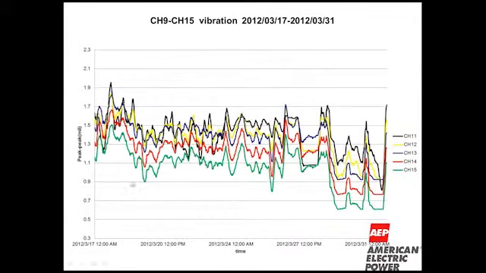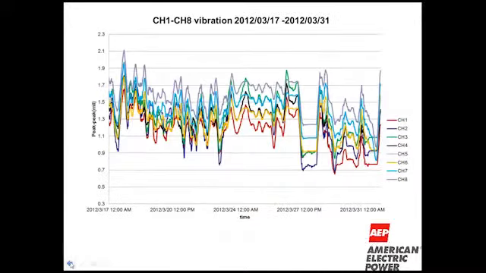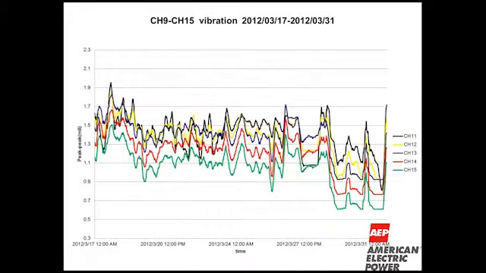Now, you notice that on the exciter end, in general, the peak-to-peak amplitude is less, and it is consistent with the inspection we performed before. All these are showing you that the peak-to-peak value is much less than 2 mil, which we consider to be a threshold.